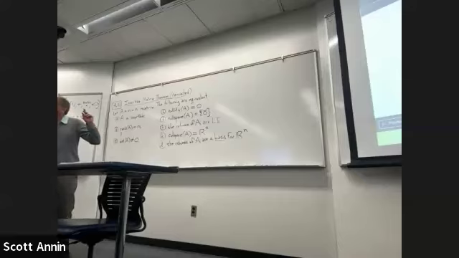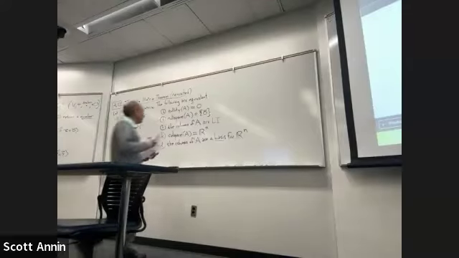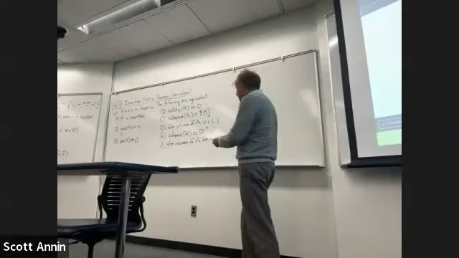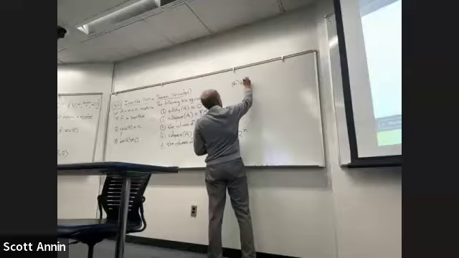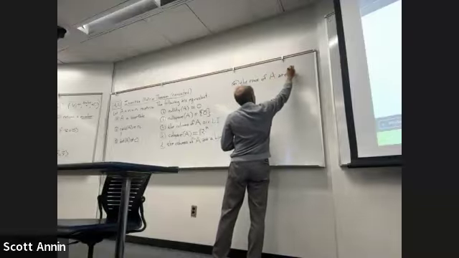Now, it turns out the exact same three statements are true about the rows of the matrix in addition to the columns. So I'm going to add three more statements here, guys, which are going to be the same things for the rows. So statement M, the rows of A are LI.